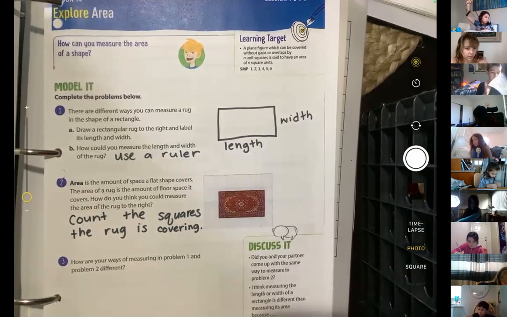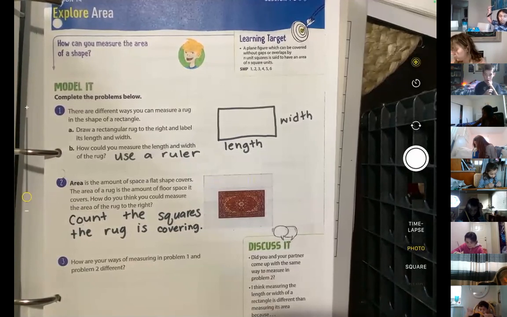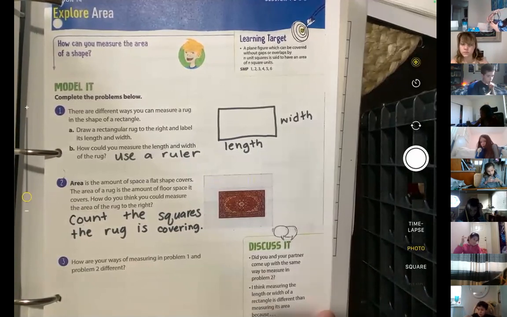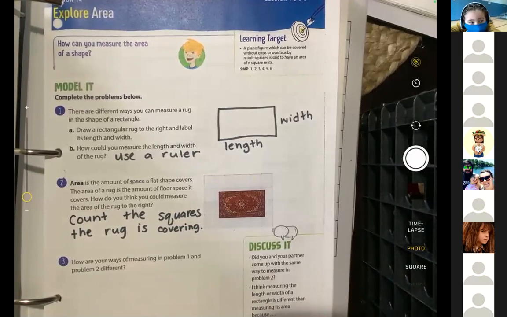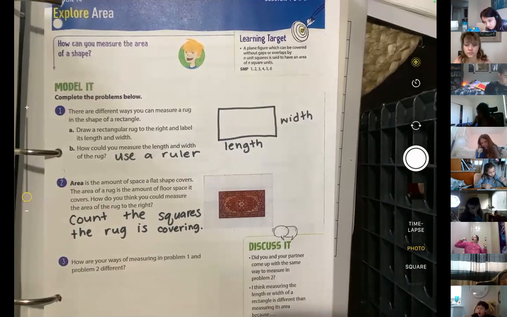So I see some of you telling me you were counting the squares. We're going to talk about that on the next page. Once it looks like everyone's done writing, I'll move on. Remember, everybody should be writing these down.